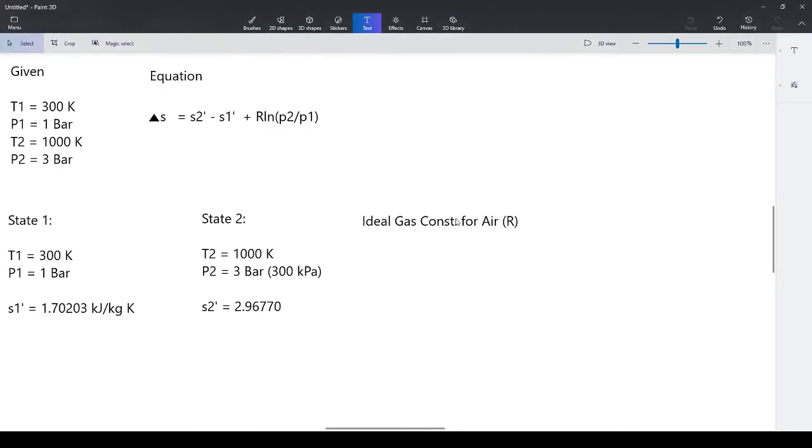So let's go back here. So ideal gas constant for air. We make another text box, of course. M of air is equal to 28.97 kilograms per kilomole. Is that what it was? So we have found that.